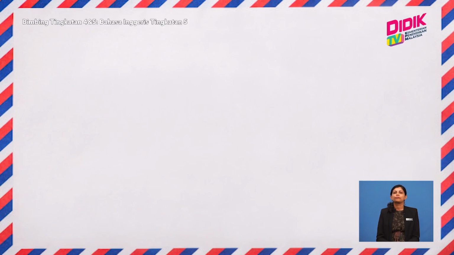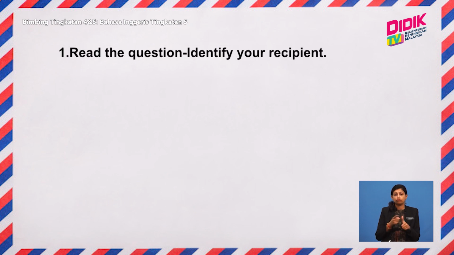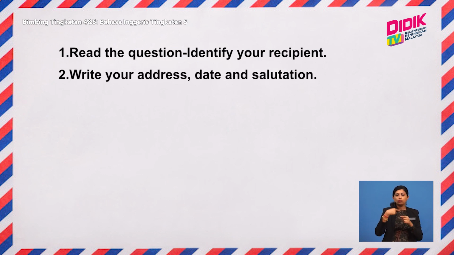Next, we are going to look at 6 steps in letter writing. What are they? First, read the question. Identify who is your recipient. Number 2, write your address, date and salutation.